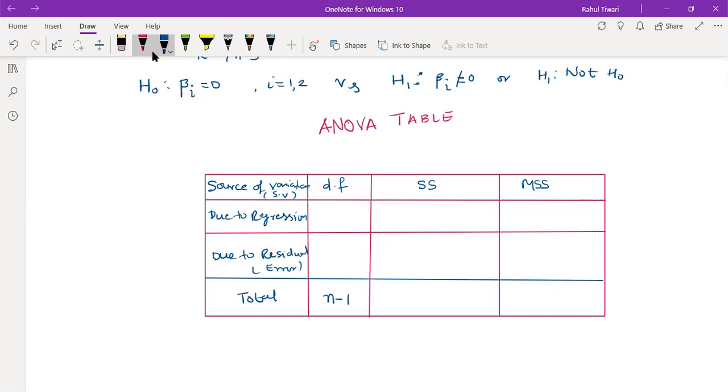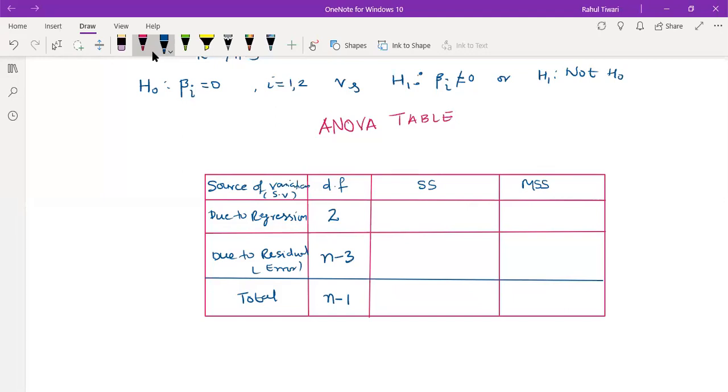We have two parameters to be tested here. See, before I told you it is 3. It is not 3. It is 2, because it is beta 1 and beta 2. We have only two variables, beta 1 and beta 2. So whenever you want to check beta 1, beta 2, that means you have 2 due to regression, and if you take the difference, it becomes n minus 3.